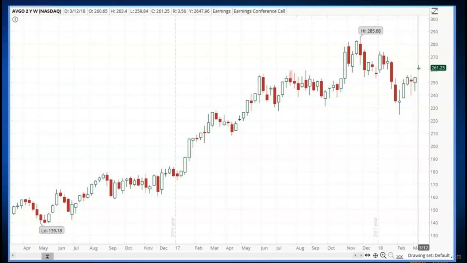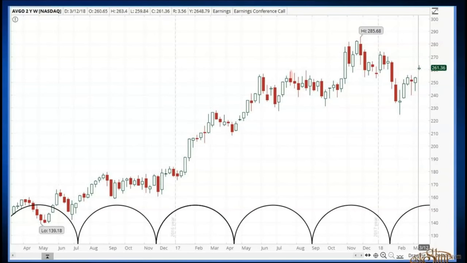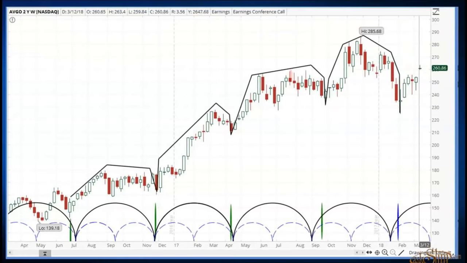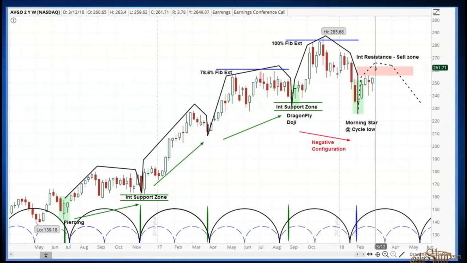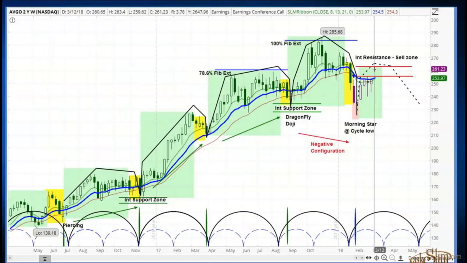But then when you apply the many aspects of cycle analysis to that chart, it changes as you add more and more layers of information, and go from the basic chart to one that has a huge amount of information on it.